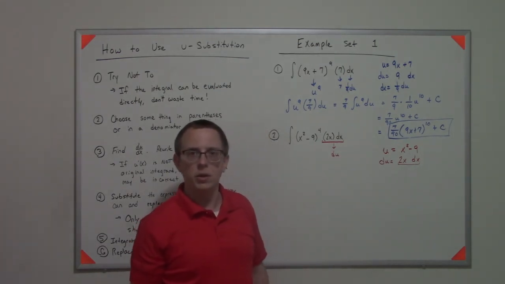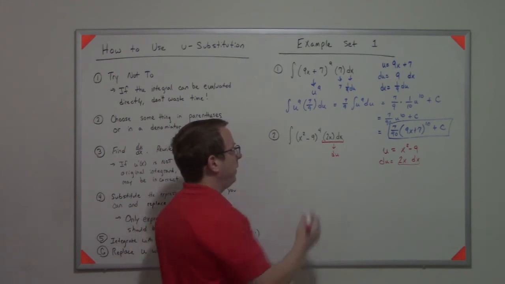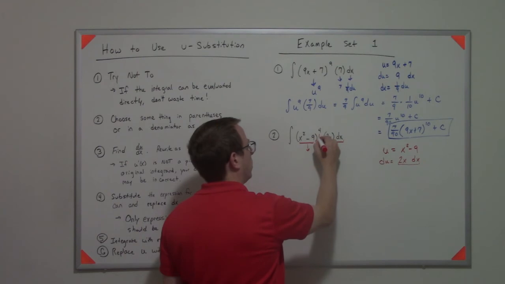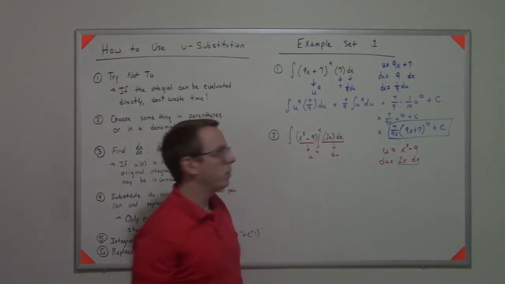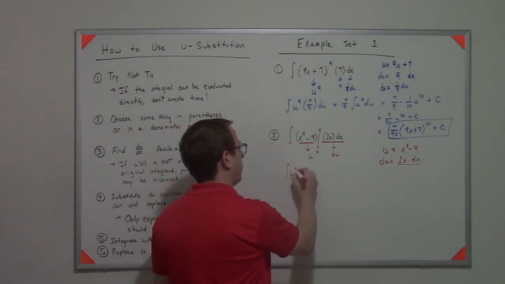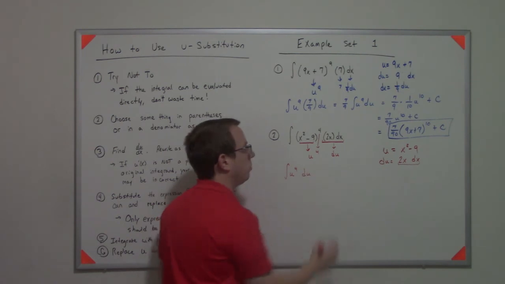So that's another way to do it. And then what goes here is u to the 4th. So now what I have is the integral of u^4 du, which is super clean.